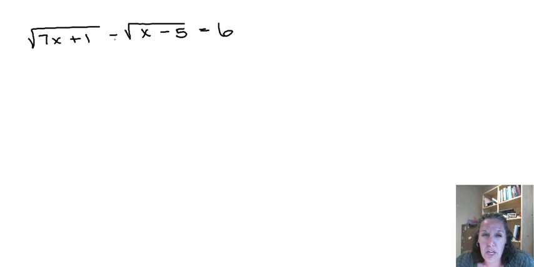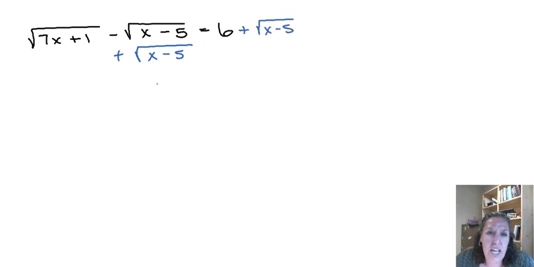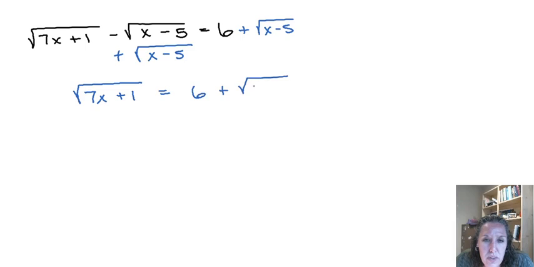Because of signs, I'm going to go ahead and add the second one to the other side to save a little bit of steps. It's a little bit easier to isolate the 7x plus 1 underneath the square root. And then approach it the same way that we did our first two examples.